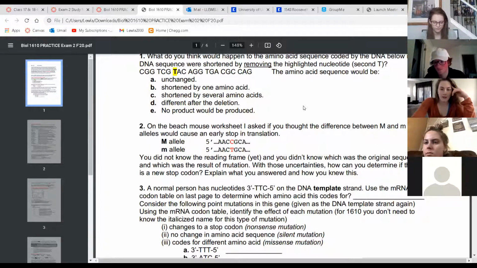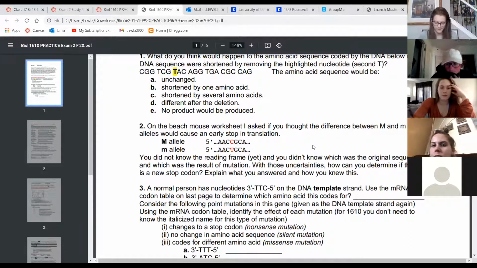And then what it's asking is if the difference would cause an early stop, but there isn't a stop codon. So no. Yeah, there is not a stop codon. But I think the first step is recognizing that you have to translate it into mRNA, because mRNA is what you use to look at the codon table. I hope that makes sense. Yeah.